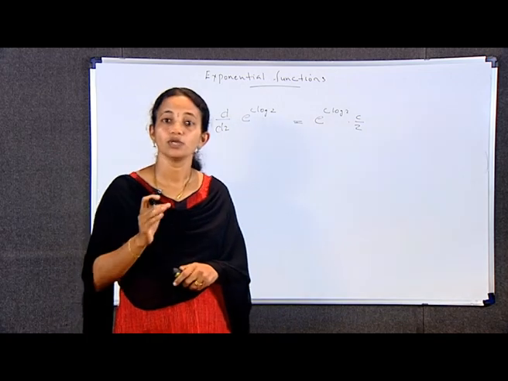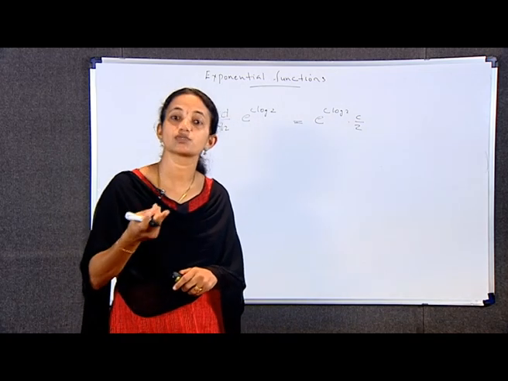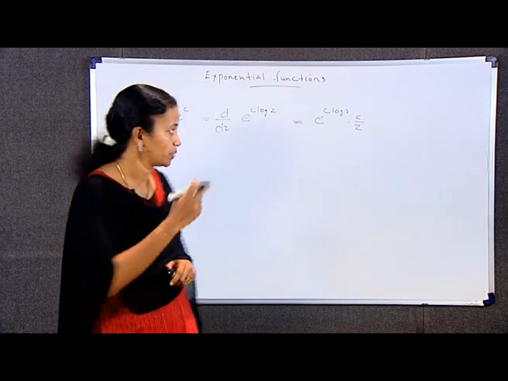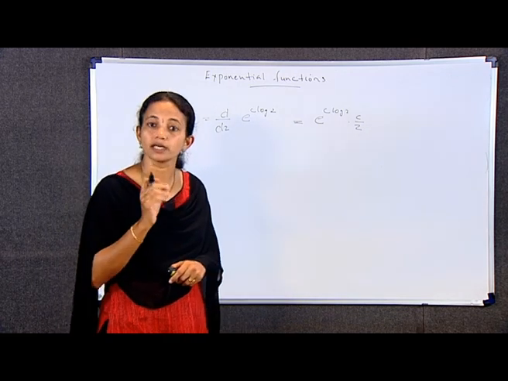This is equal to c times e raised to c log z by e raised to log z. Why? Because we have z is equal to e raised to log z.